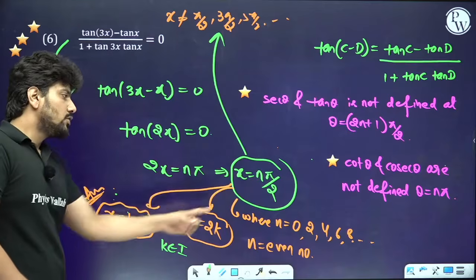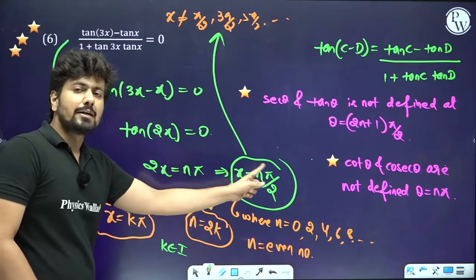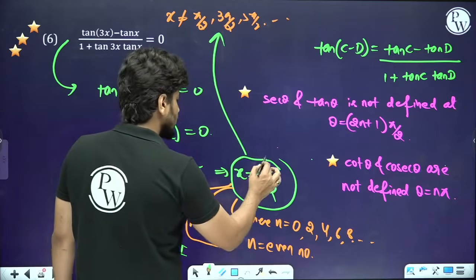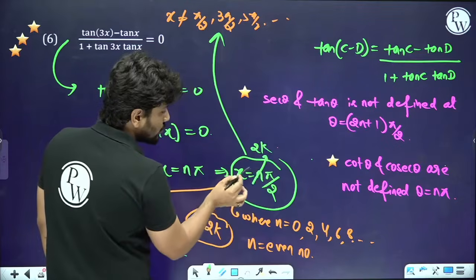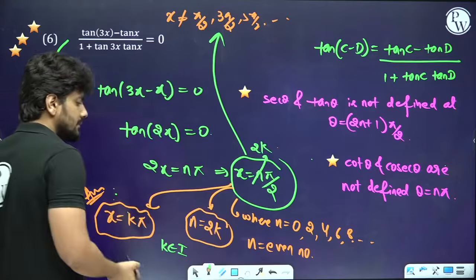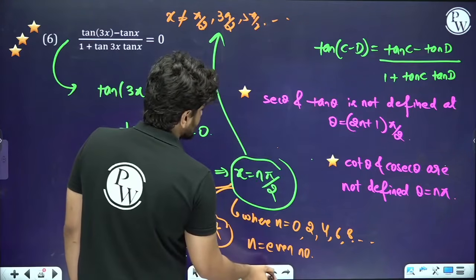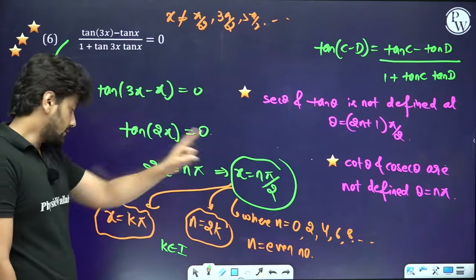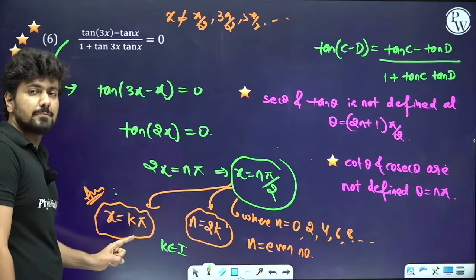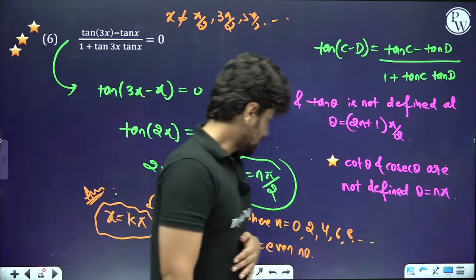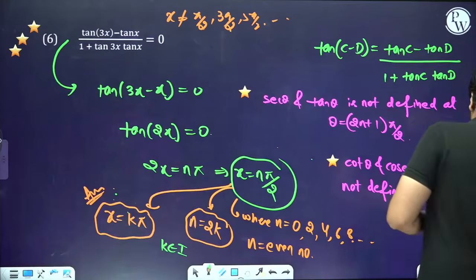X is equal to 2k times pi by 2, and 2 will get cancelled out and we get k pi. So this is not the final answer. This is the final answer: integral multiple of pi. I hope that this is clear to all of you.